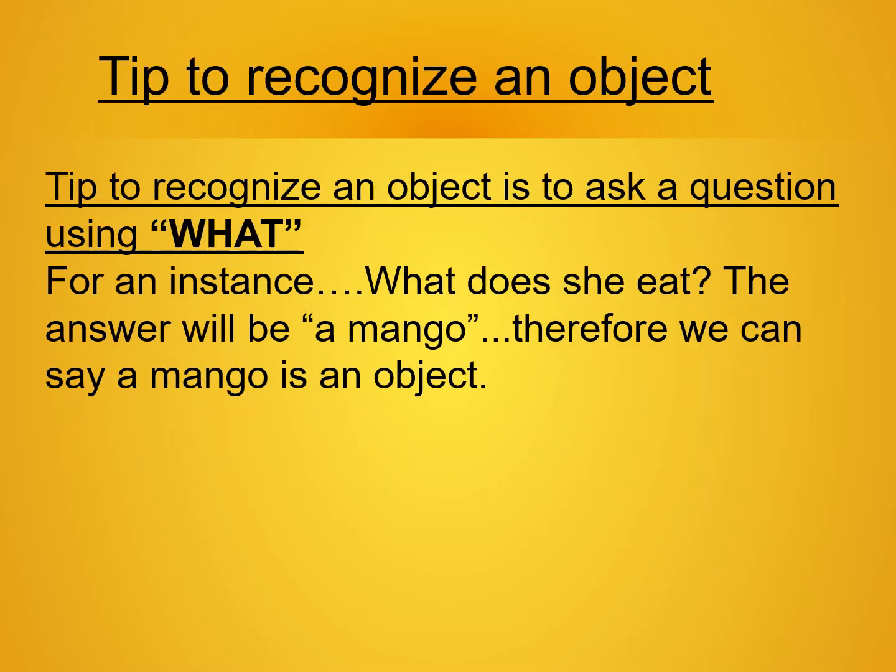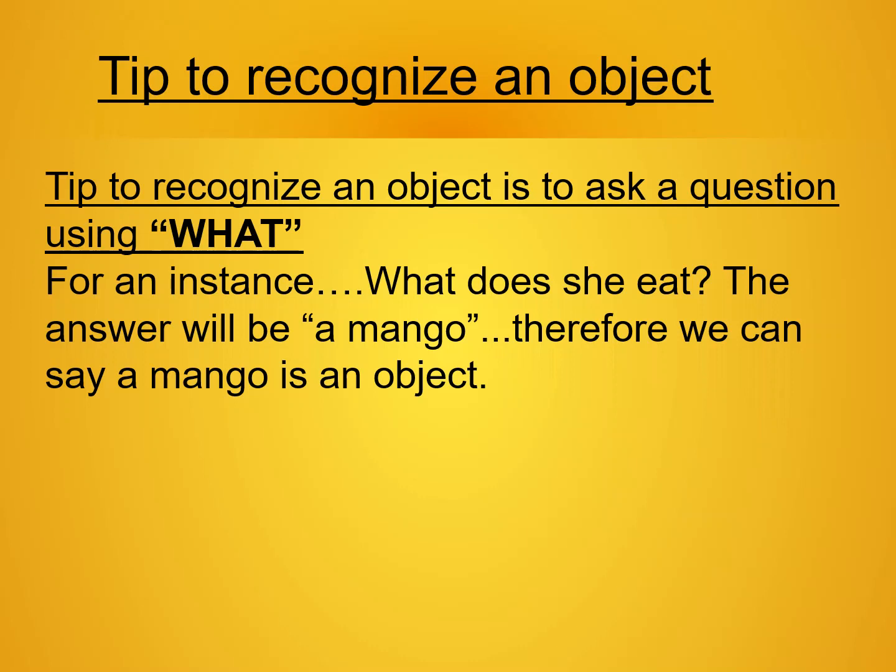We must know to recognize the object. What is the important tip? I must tell you students how to identify an object, because we often get confused about what the object in the sentence is. I must tell you one thing, that you ask the question what to yourself in the sentence. For an example, if we ask the question here, what does she eat?